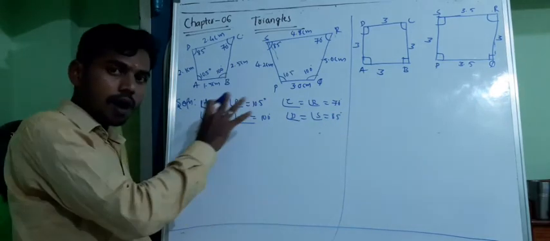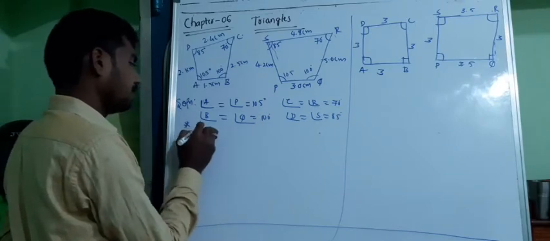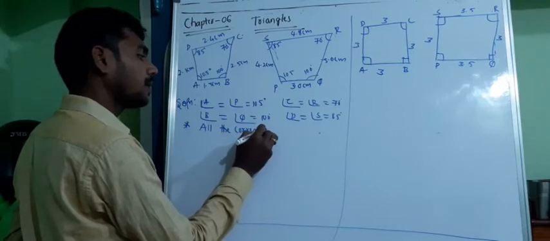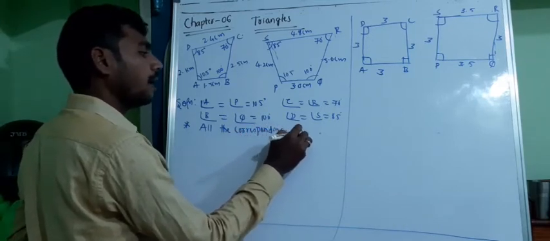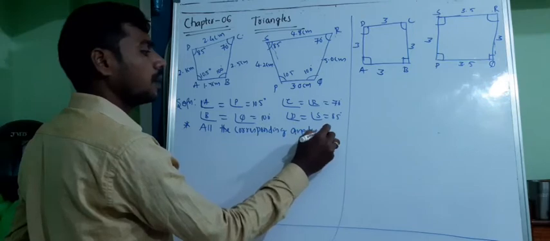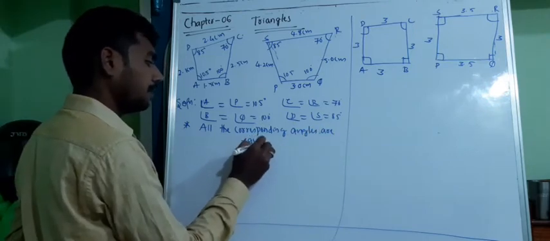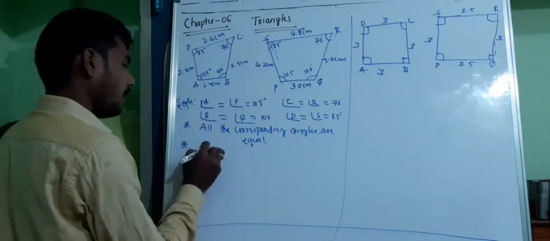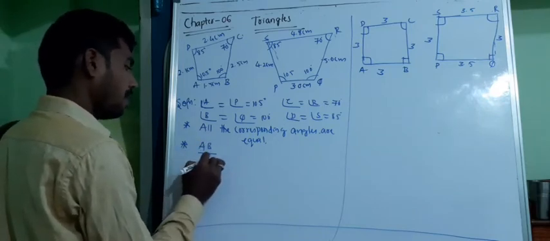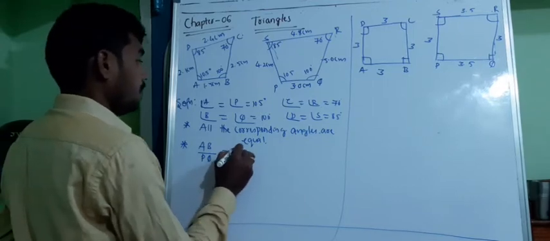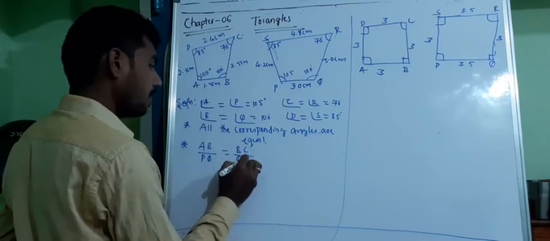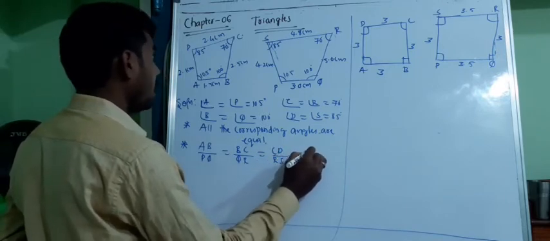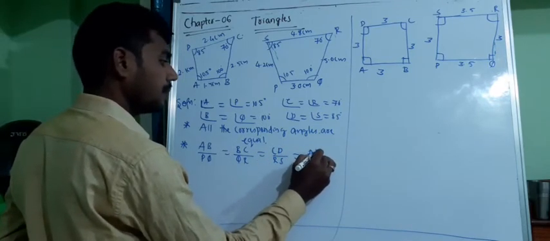So in this, all the corresponding angles are equal. Next, corresponding sides: AB by PQ, BC by QR, CD by RS, AD by PS.